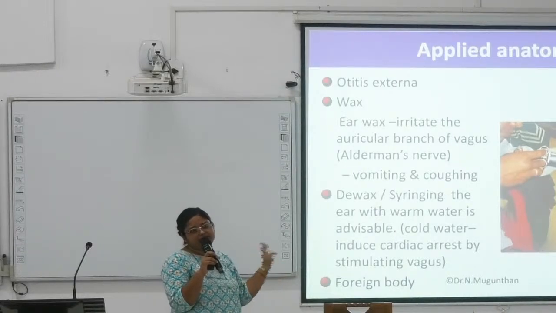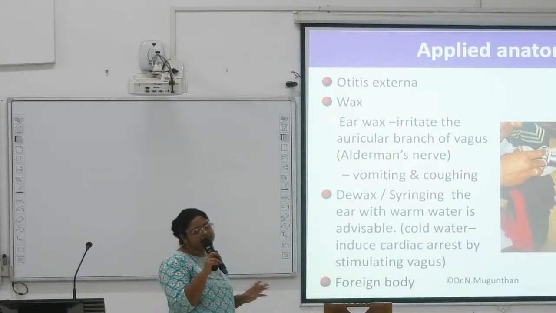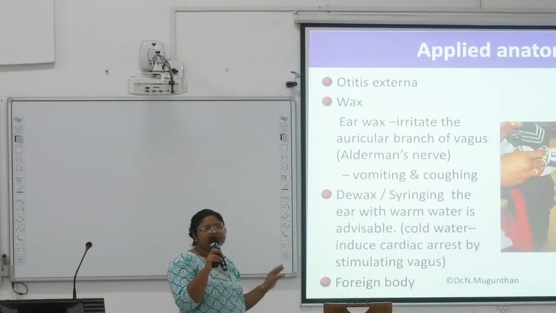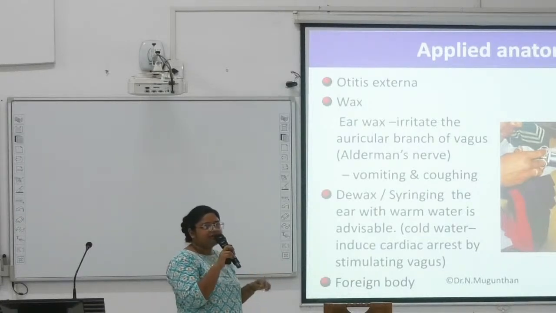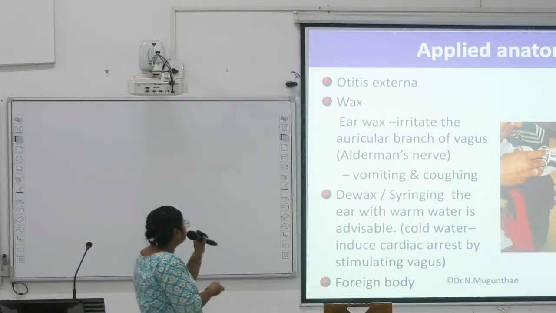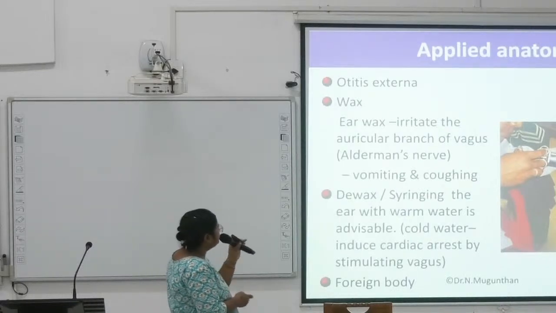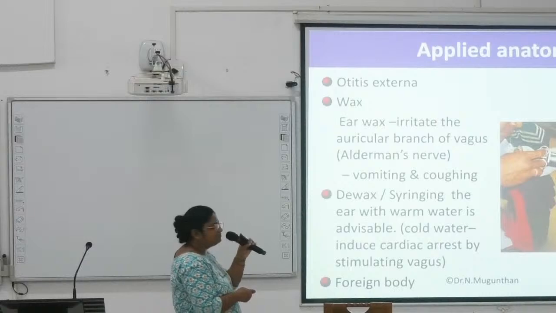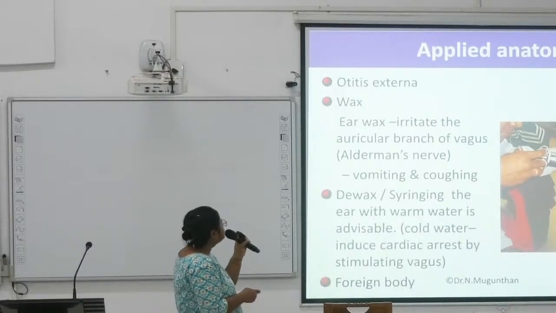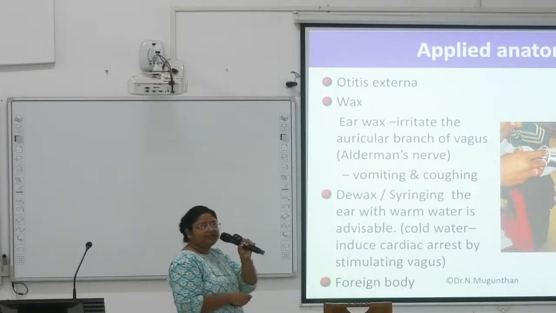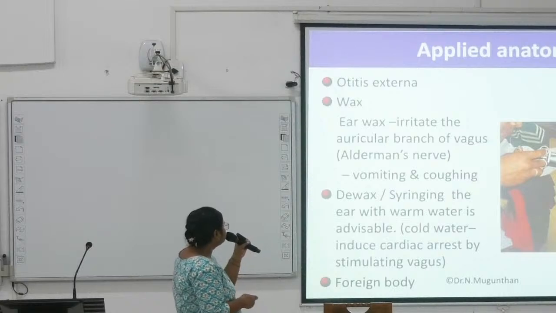Okay, but if this process does not occur, there will be collection of wax within the external auditory meatus. Okay, so earwax will irritate the auricular branch of vagus, that is Arnold's nerve, and it will lead to vomiting and coughing. Okay, these are the symptoms.